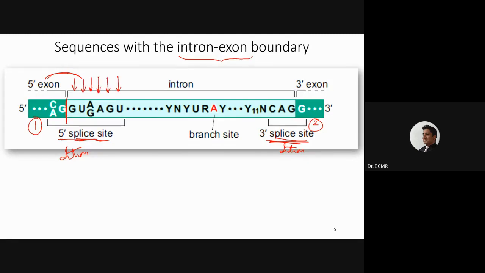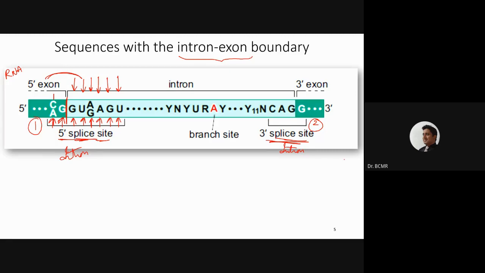At the end of exon 1, you have C or A in this position, followed by G. And the start of the intron, the 5' side of the intron, has G, U. We are saying U because we are talking about RNA, the mRNA. So G, U, and in the third position of the 5' side of the intron you have A or G, and then A, G, and U. So these are some of the sequences that are conserved in these boundaries.